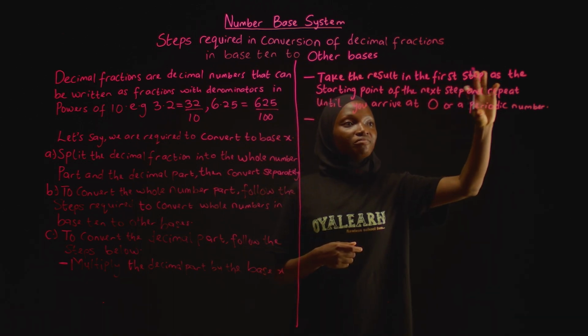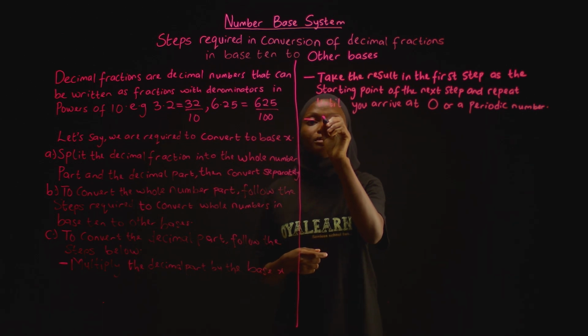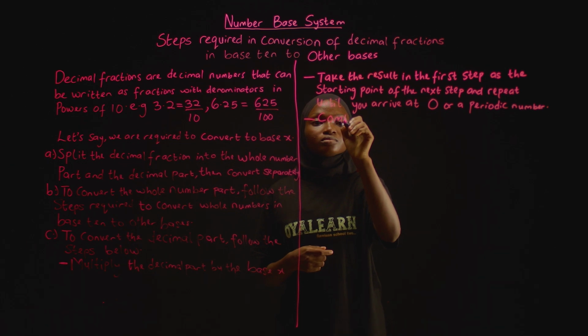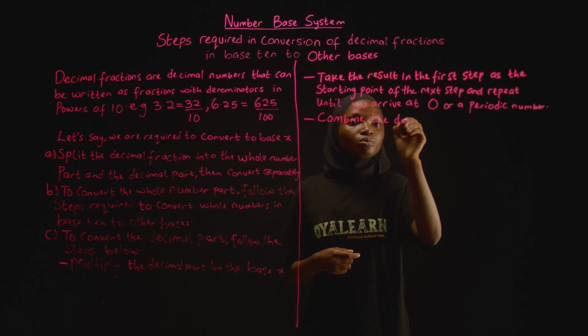Now after arriving at 0 or a periodic number, the next step, combine the digits from the top.